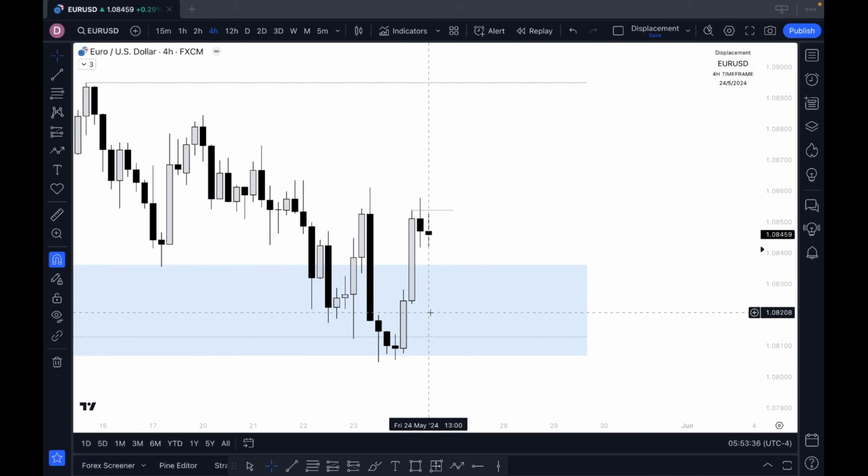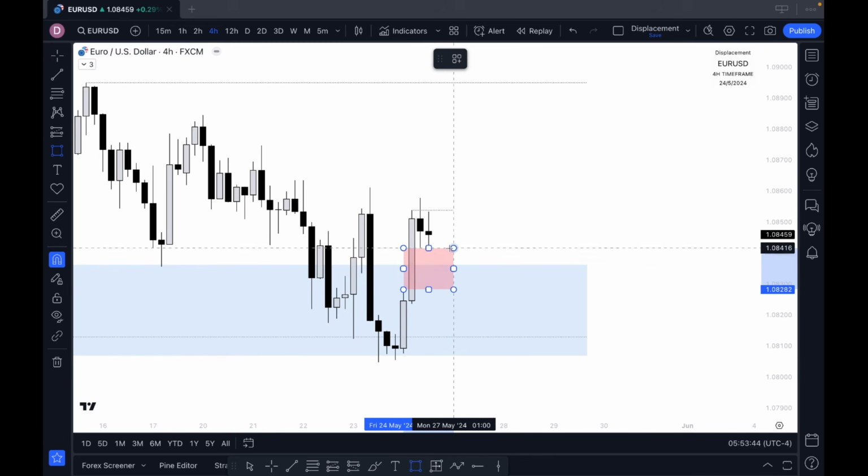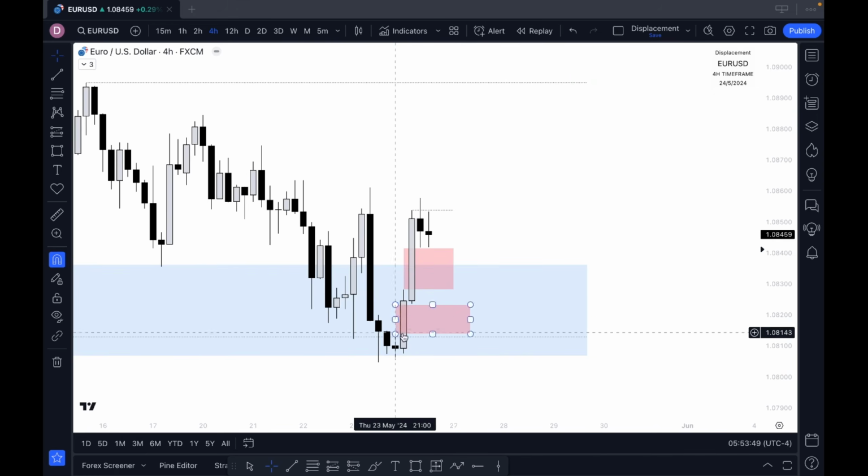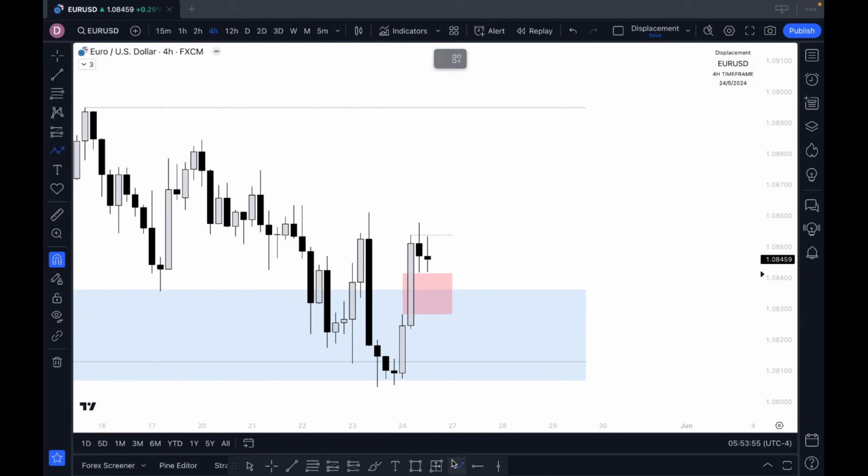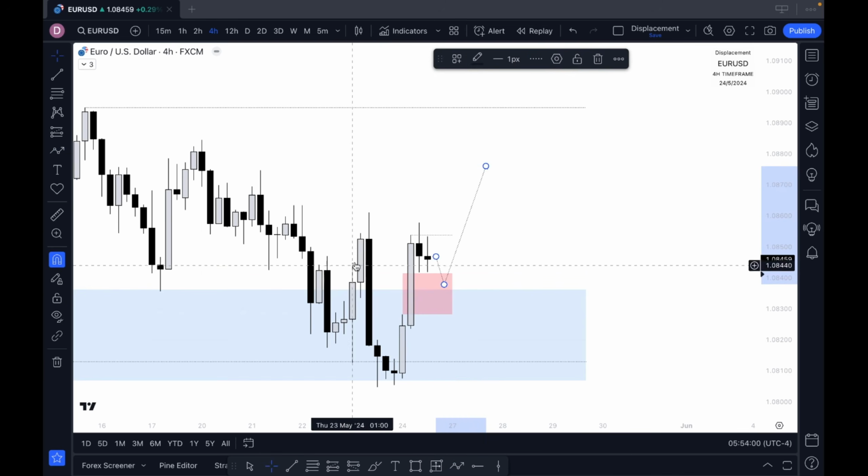So this is the situation I would like to avoid. What I would like to see is price reacting from this fair value gap, and it should close above it, first of all above this candle.